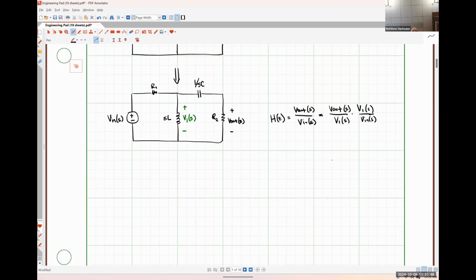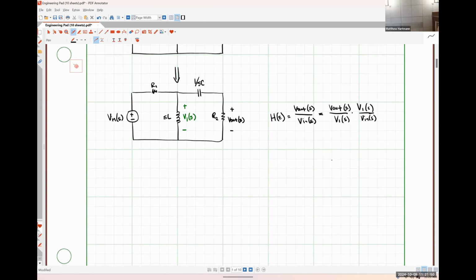So let's start by finding V1 of s, okay? So V1 of s, using voltage division, is going to be Vin multiplied by the following ratio, okay? So in my numerator, I should just have this impedance sL in parallel with this series combination of R2 plus 1 over sC.